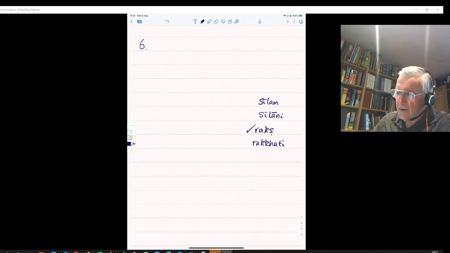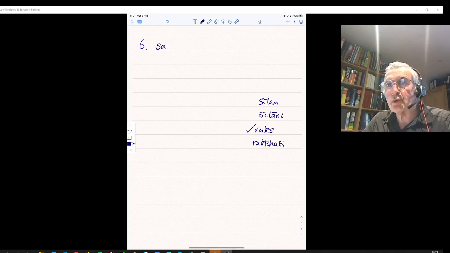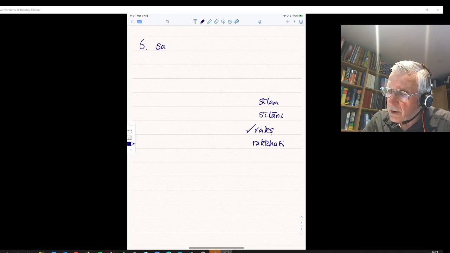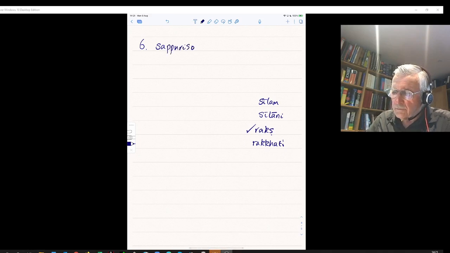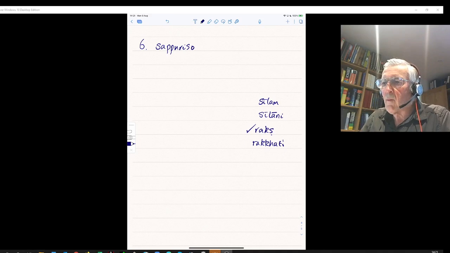So we'd have here then the sappuriso, the good man, in Sanskrit satpurusha, in Pali sappuriso, wishes to give alms.